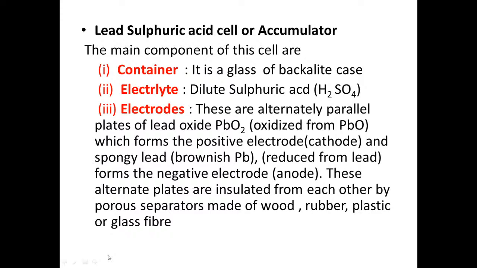and electrodes are alternately parallel plates of lead oxide, PbO2, oxidized from PbO, which forms the positive electrode, that is cathode, and spongy lead, that is brownish lead, reduced from lead, forms the negative electrode, that is anode.